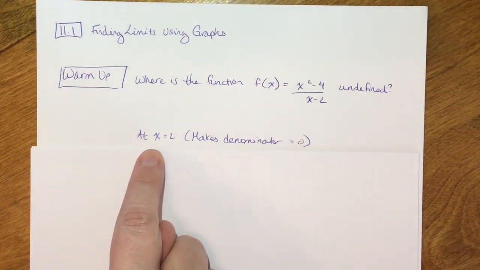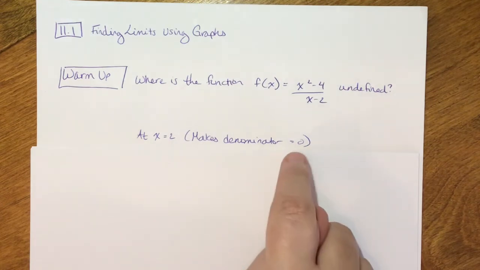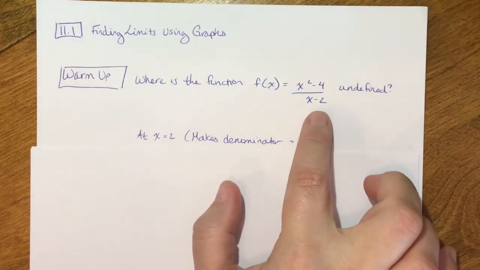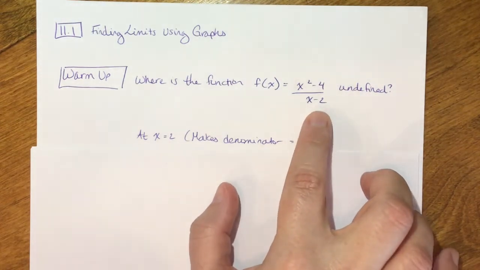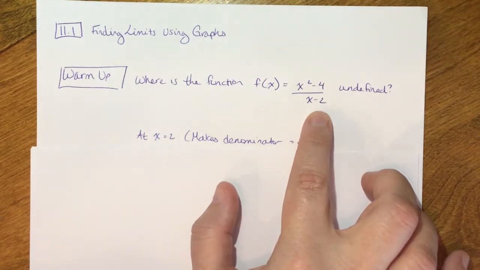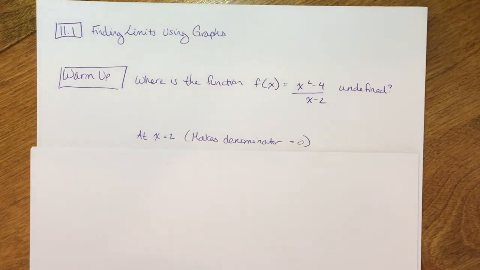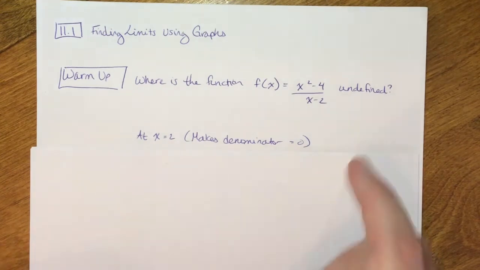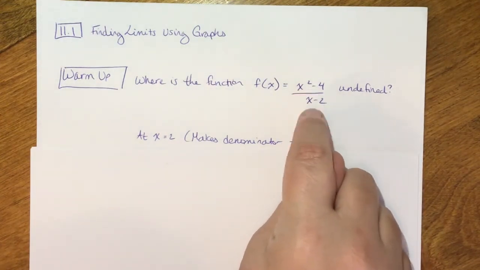But what's happening on the graph at x equals 2? So we know that that's some kind of a point of discontinuity. In Algebra 2 and earlier in our course, we talked about two main different kinds of discontinuity: holes and vertical asymptotes. Do you remember how we decided which one was which? Yeah, so I'm going to factor both the numerator and denominator.